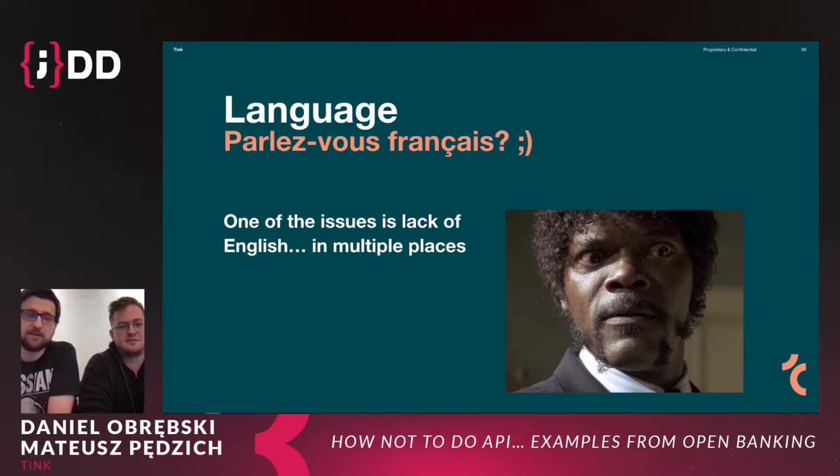We can use translators, but it's sometimes risky, because during that process you can translate something that shouldn't be translated. There are also APIs that themselves are not in English, so the field names are in, for example, Norwegian or something else. So really, please stick to English.